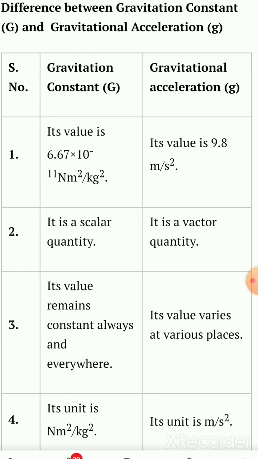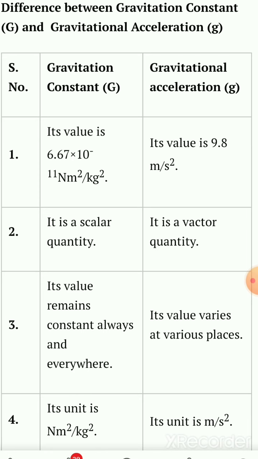Now as you know, small g is the acceleration which is produced in a body due to the gravitational force of earth. The acceleration produced in any body because of the gravitational force is known as acceleration due to gravity, or small g. Now since it is an acceleration, it must have a magnitude as well as a direction.